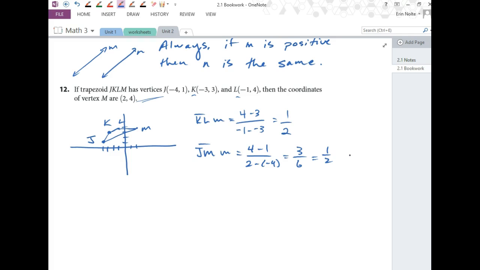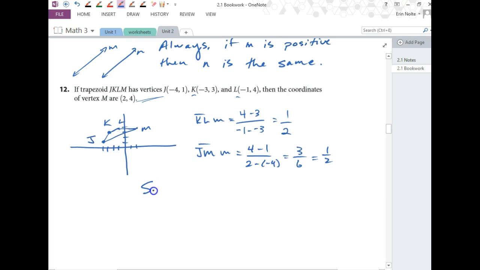There's a lot of different ways. Or we could even make LM parallel to JK and have a trapezoid, right? There's a lot of different scenarios. Okay, so this one is sometimes true. The point they gave us did create a trapezoid, but there could be a whole bunch of different possibilities.